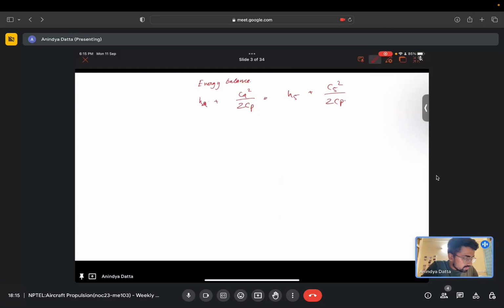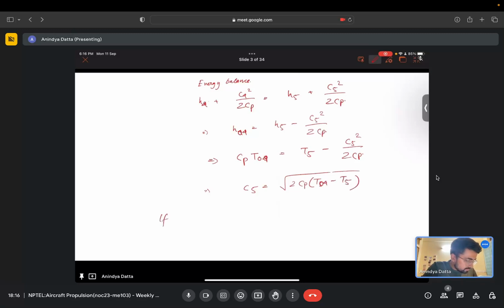Now C4 is approximately equal to 0, so we can write H04 equal to H5 plus C5 squared by 2, showing the stagnation enthalpy. So Cp T04 is equal to Cp T5 plus C5 squared by 2. Basically C5 will be equal to the square root of 2 Cp times (T04 minus T5).